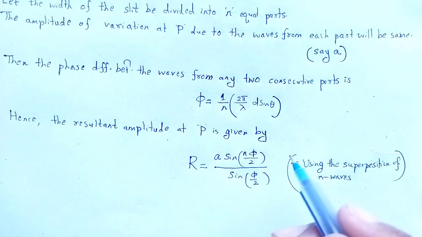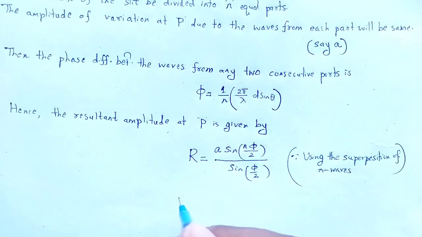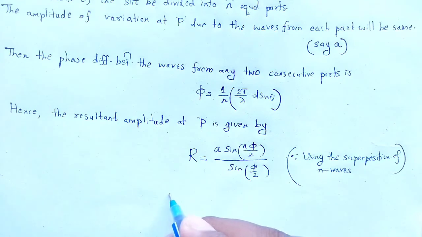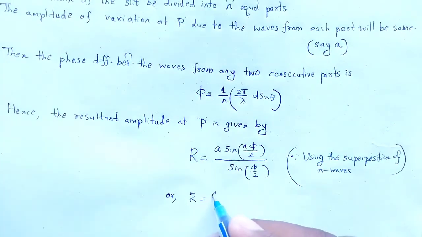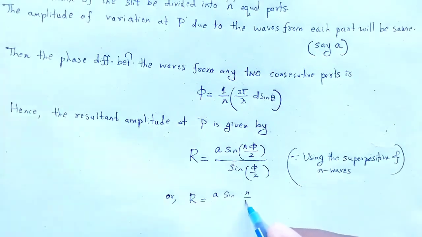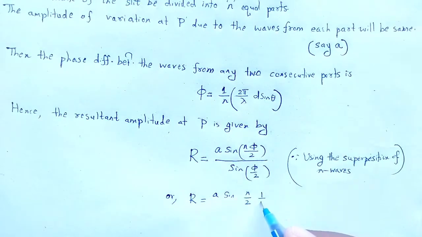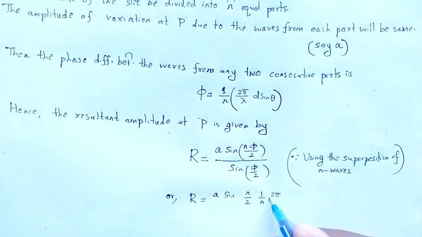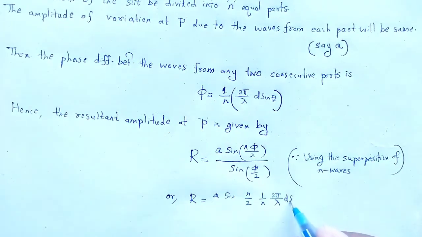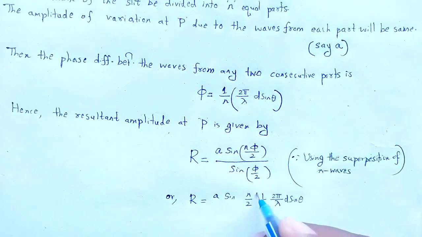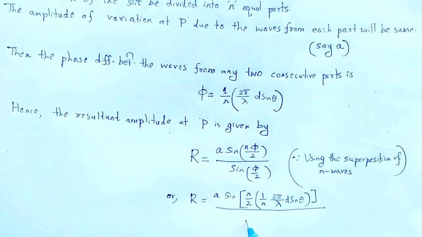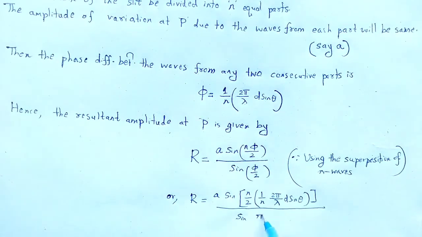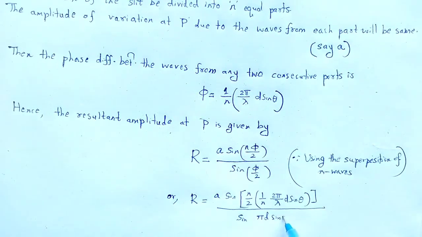Now put the value of phi here. We have the resultant amplitude at point P, R is equal to a sin of n by 2 into 1 by n into 2 pi by lambda d sin theta, divided by sin of pi d sin theta divided by n lambda.